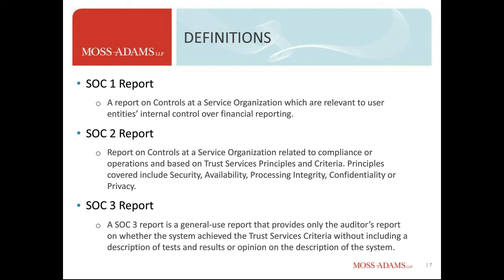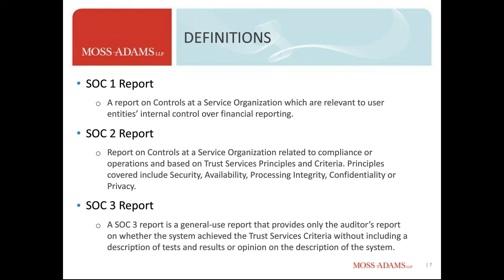Now, these are different than a SOC 2 report. All three of these are internal control reports, but a SOC 2 report is specifically addressing one or many of the trust services principles and criteria, which are security, availability, processing integrity, confidentiality, or privacy.